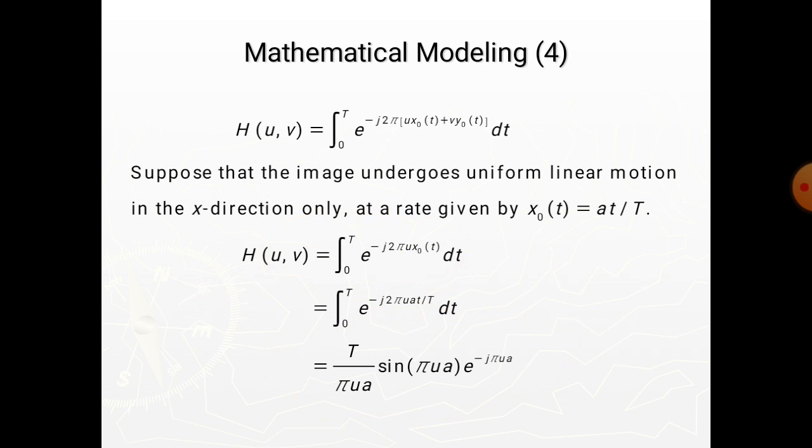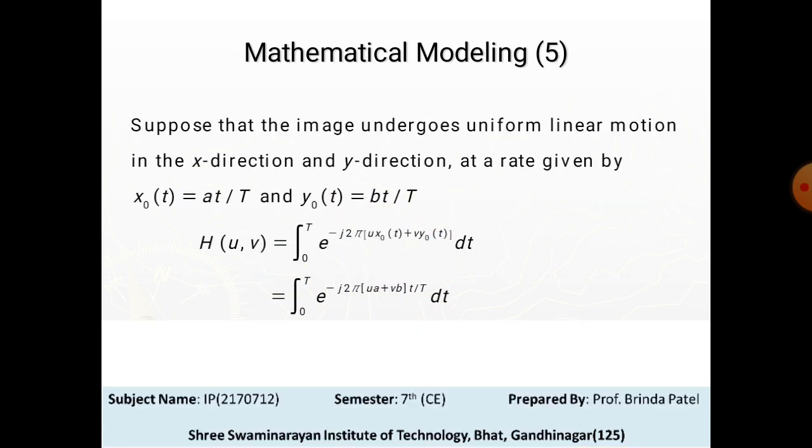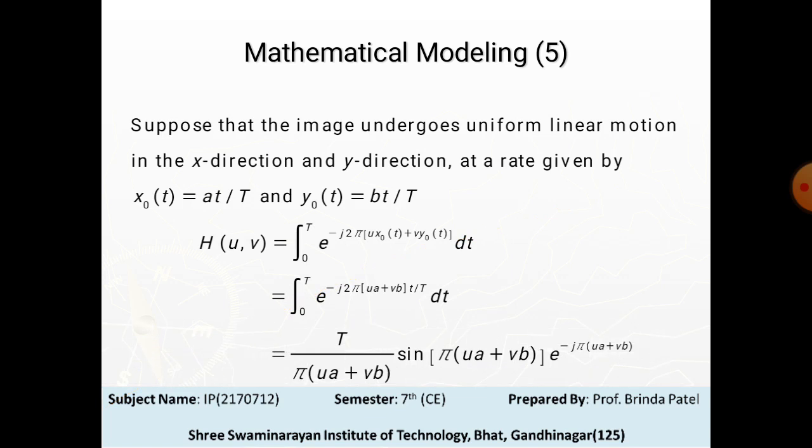Here H vanishes at the values of u given by u equal to n upon a, where n is an integer. If we allow the y component to vary as well, with the motion given by y0 equal to bt upon T, then the degradation function becomes H(u,v) equal to T upon pi (ua plus vb) times sine pi (ua plus vb) times e raised to minus j pi (ua plus vb).